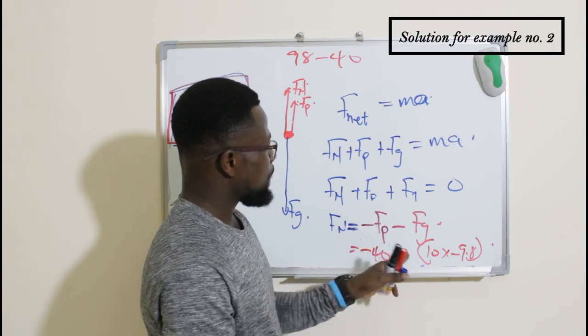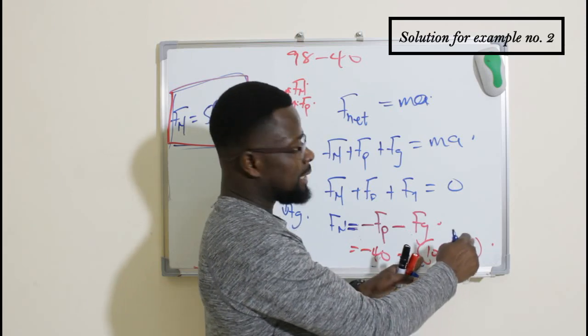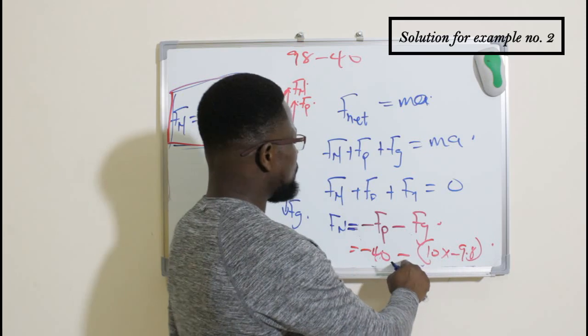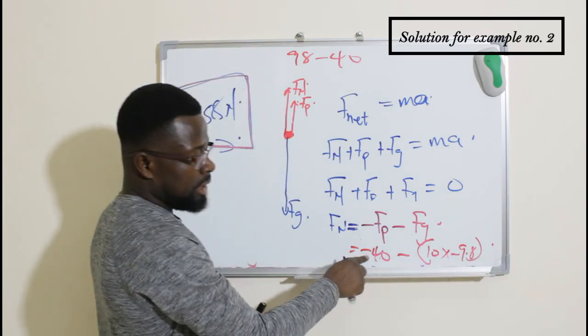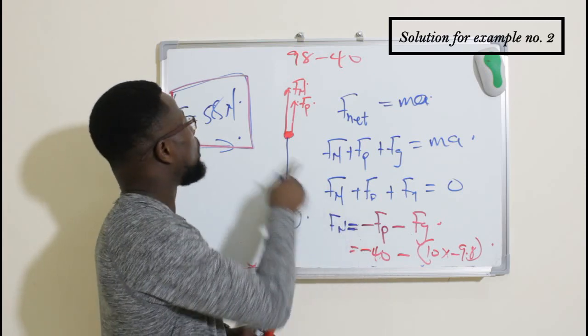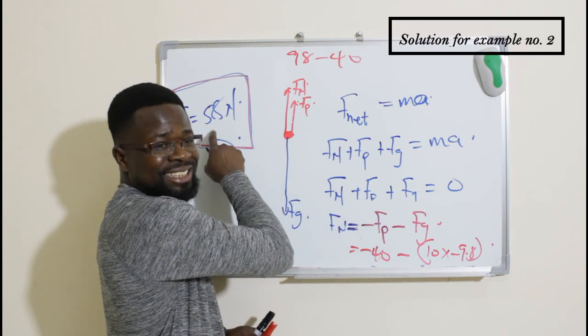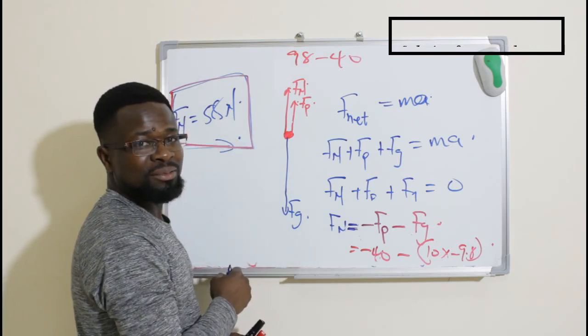Negative 40 minus 10, and already we said anything coming down should be negative, so negative 9.8. When we do that, we have positive 98, and then negative 40. That gives you positive 58 newtons, and that becomes the final answer for that.